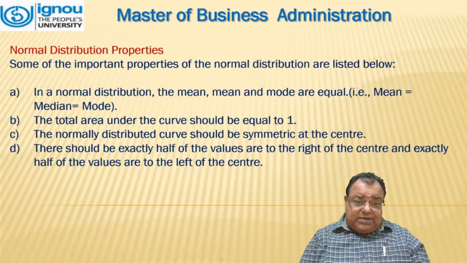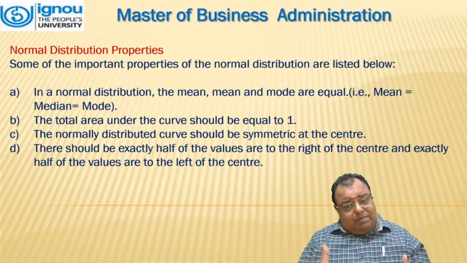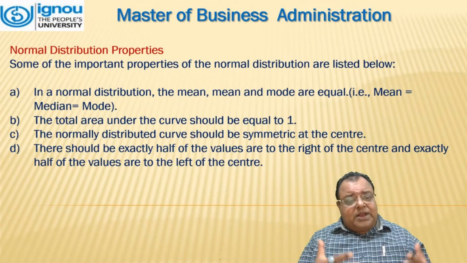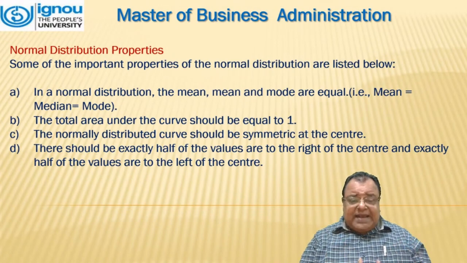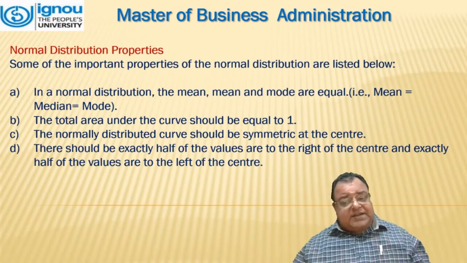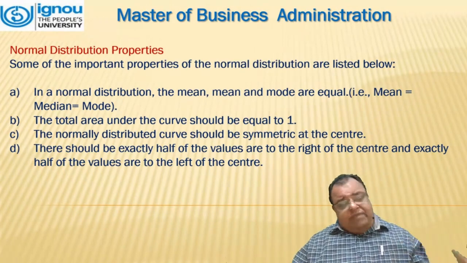What are the properties of this normal distribution? In a normal distribution, mean, mode, median, all three are equal. The total area under the curve should be equal to 1. Normal distributed curve should be symmetric at the center, and exactly half of the values are on the right side of the center and exactly half of the values on the left side of the center.